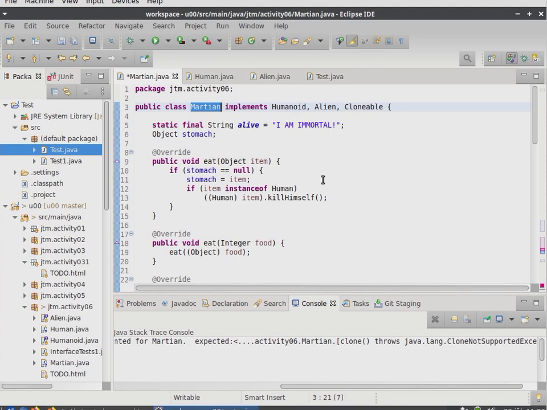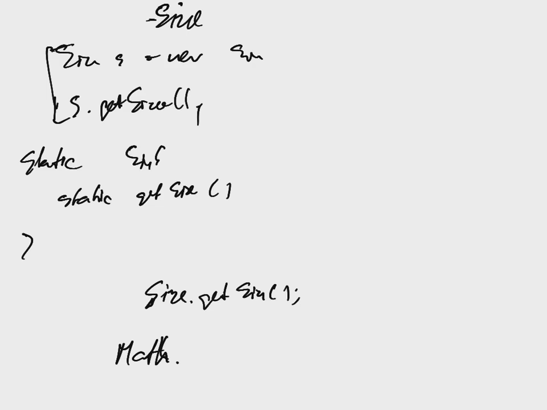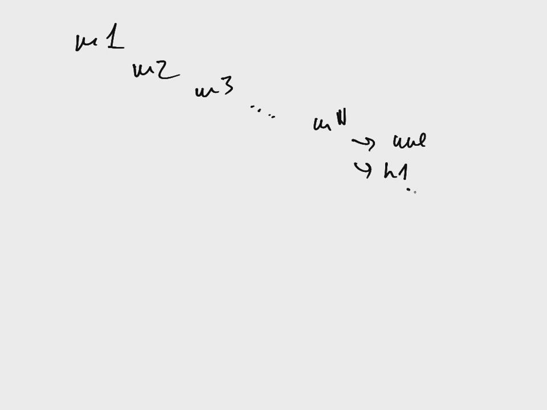Particularly for the Martian class, cloning is hard because in the stomach of a Martian, another Martian may be. That means if I create Martian 1, there's Martian 2 in its stomach, and then Martian 3, and so on, up to Martian n, and then inside of it is either null or human, and in its stomach either null or integer, so all these cases.